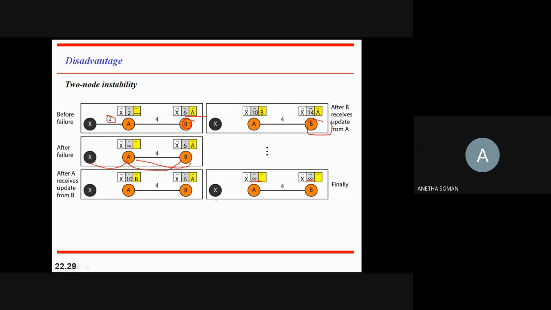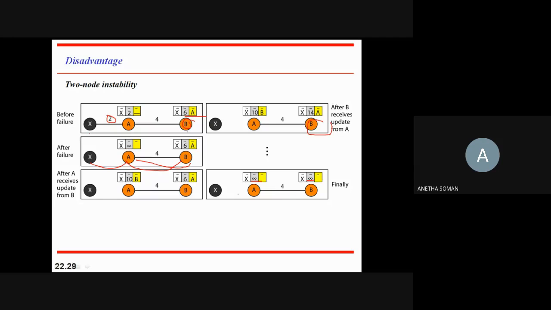So what is node A thinking? Node A thinks that the route to X is via B, and B thinks that the route to X is via A. So they have a confusion, A and B. If A receives a packet whose destination is X, what will it do?